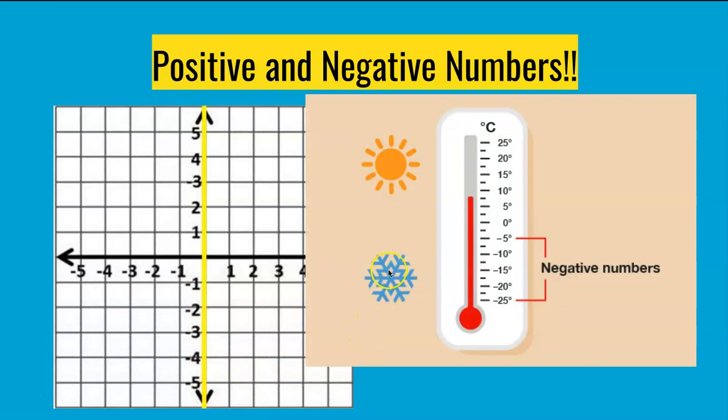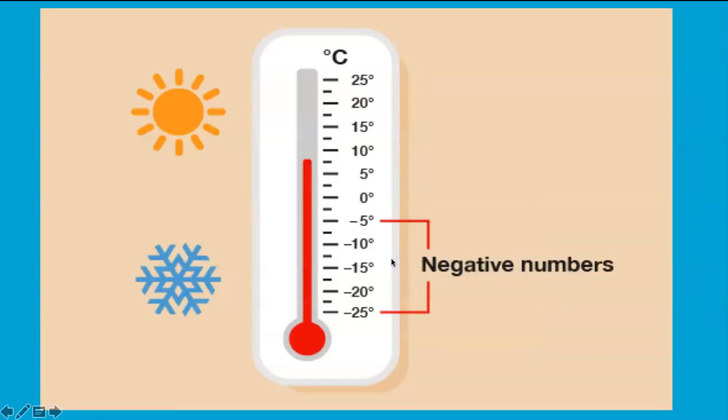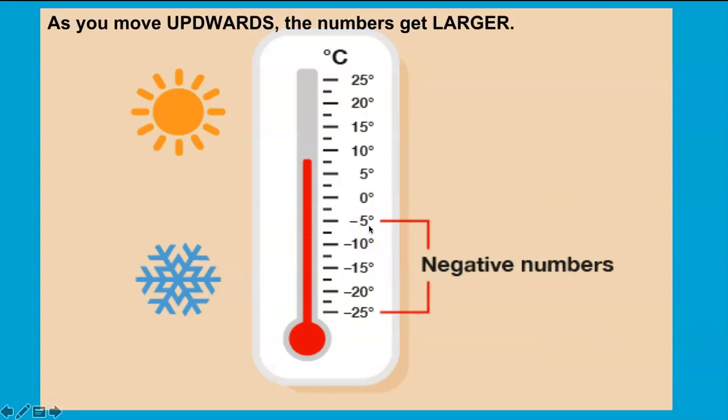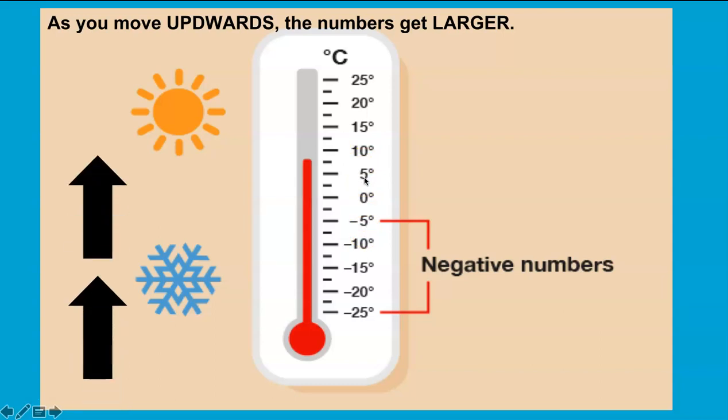An everyday example of a vertical number line is a thermometer. Now think about it. As you move upwards on a vertical number line, the numbers get larger and larger. So negative 20 is greater than negative 25. 0 is greater than negative 5. 10 is greater than 5. So as you move upwards, the numbers become larger.